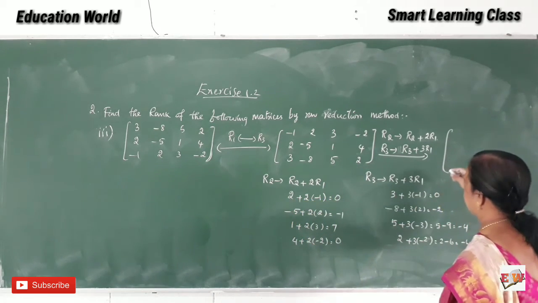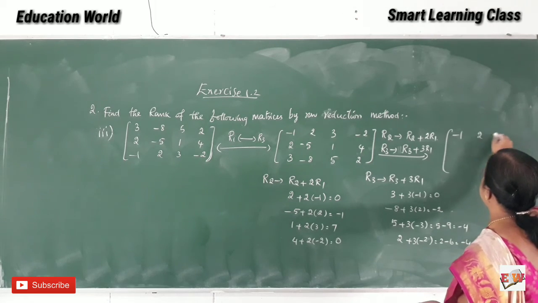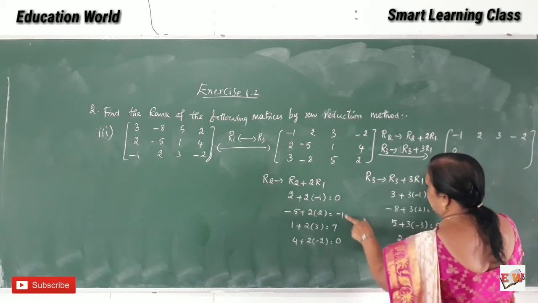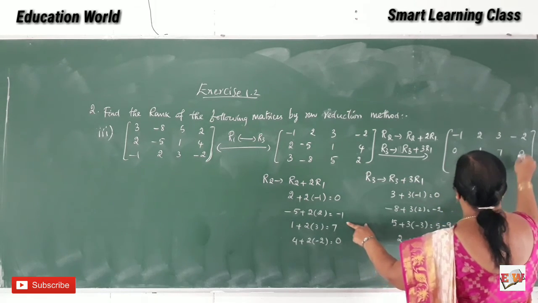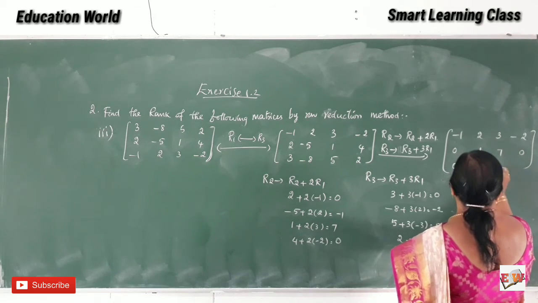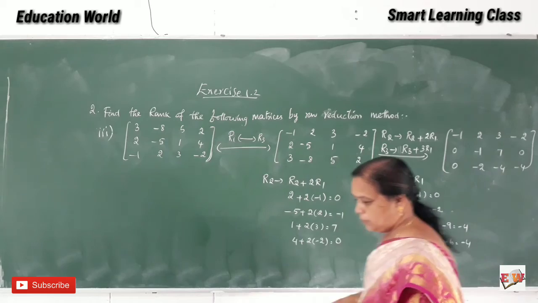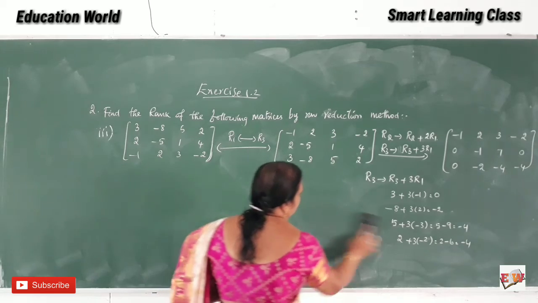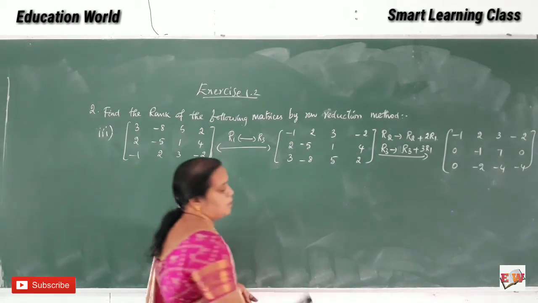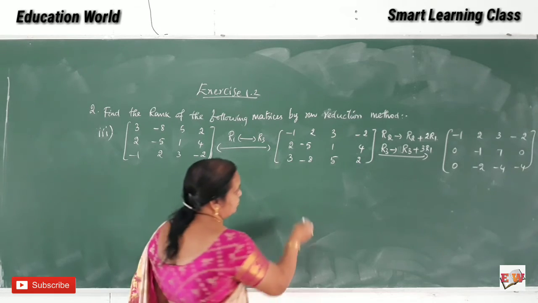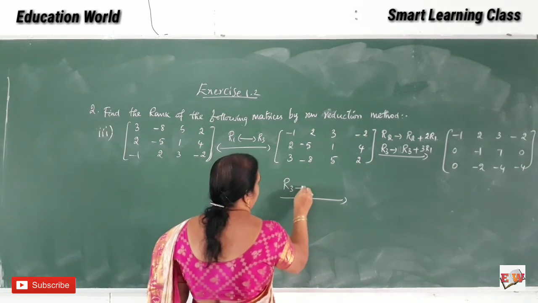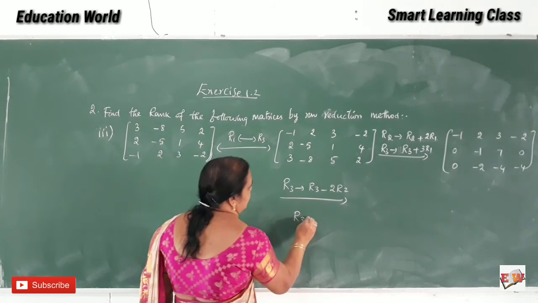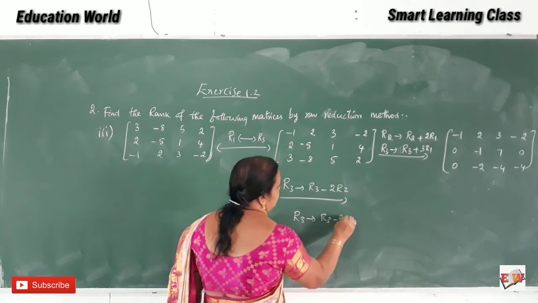So we are getting the transformations. First row we have to write as it is. Instead of the second row we have to write the transformed elements. 0, minus 1, 7, 0, and the third row 0, minus 2, minus 4, minus 4. Now R3 gives R3 minus 2 R2.